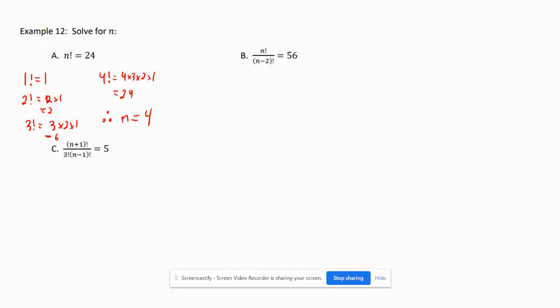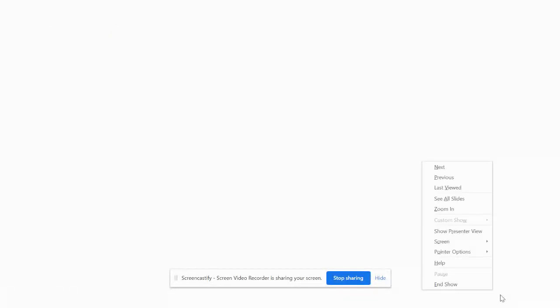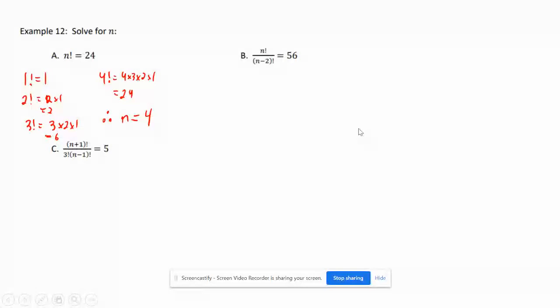For example B, there is a nice way to do this one algebraically. What we saw in the last example is how we expand something like n factorial over n minus 2 factorial. The rule for a question like this is you want to expand the bigger factorial. Now, n is bigger than n minus 2. So I'm going to start expanding n factorial to n, count down by 1, n minus 1, count down by 2, n minus 2 factorial.